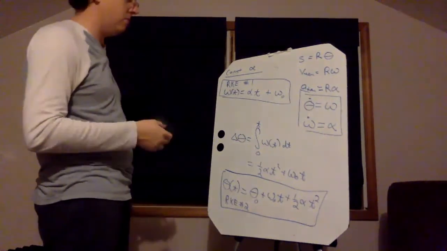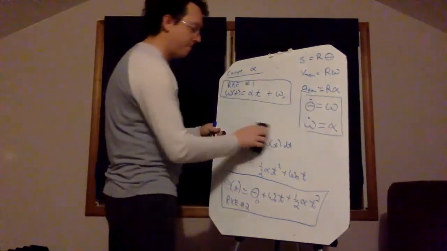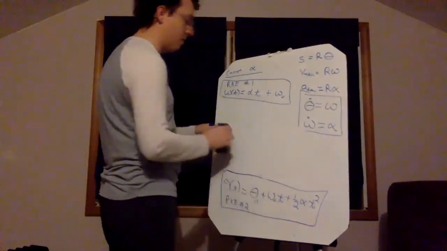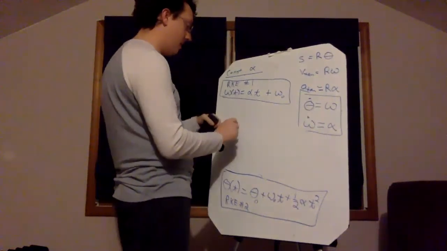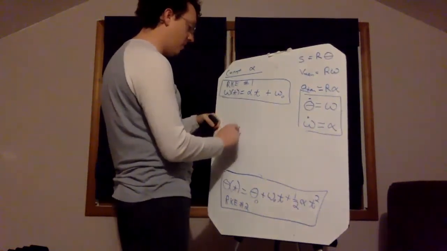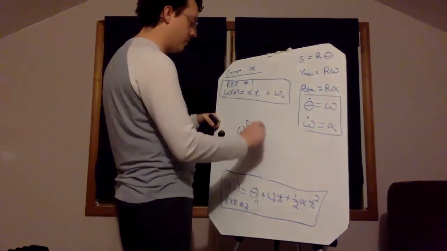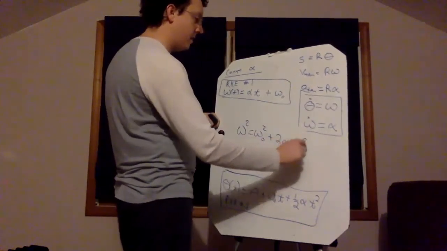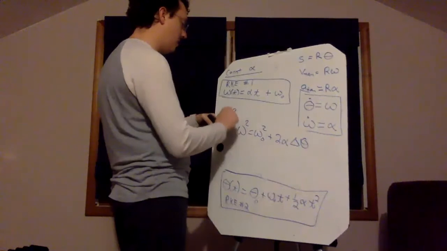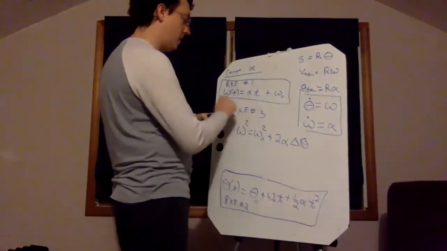There's a rotational kinematic equation 3, which I won't derive, it's no different than what we did way back, which says that omega squared equals omega initial squared plus 2 alpha delta theta. And this would be rotational kinematic equation number 3.